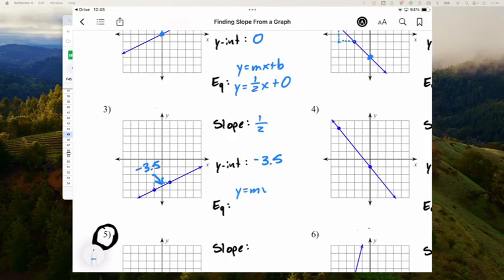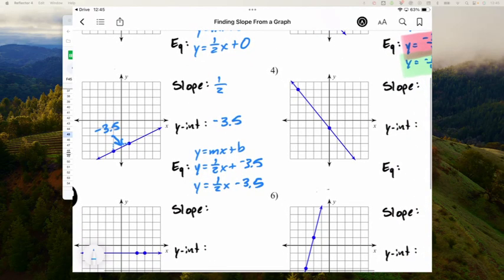Y equals mx plus b. Y equals 1/2 x plus -3.5. And so I have that plus and negative again, and I need to deal with that. Y equals 1/2 x minus 3.5. Again, you have to rewrite it with only one sign between the 1/2 x and the 3.5. Otherwise, it would not be acceptable.